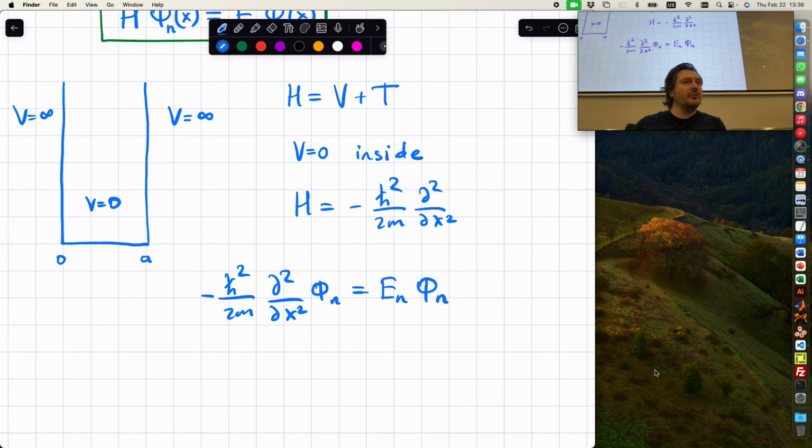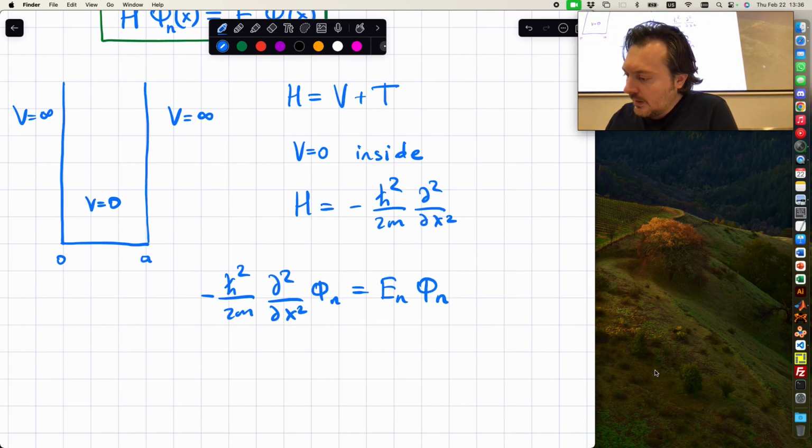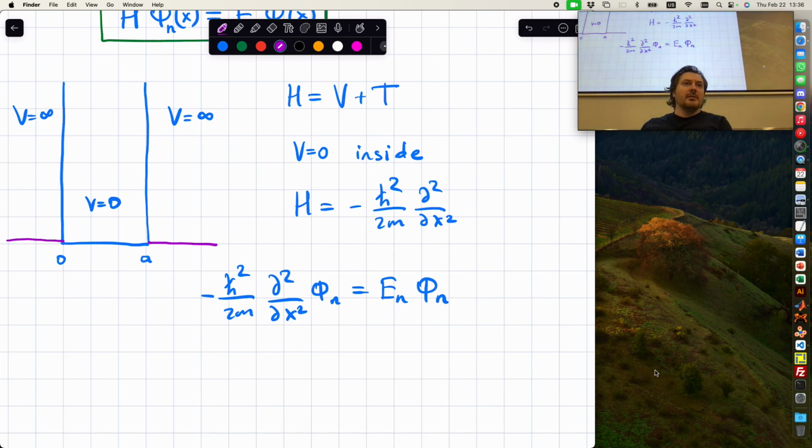This is your equation subjected to boundary conditions, and the boundary condition is the fact that over here, since the potential is infinite, the particle is definitely not there. Okay, quantum mechanics has tunneling, right? But not into infinite potential, okay? The particle is definitely inside the box. So we have these boundary conditions.